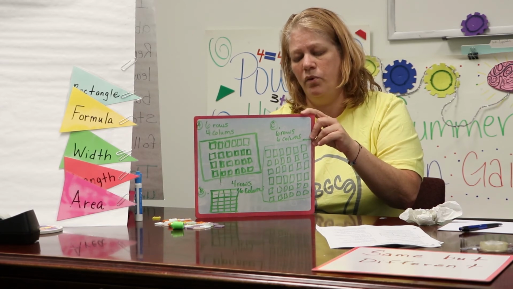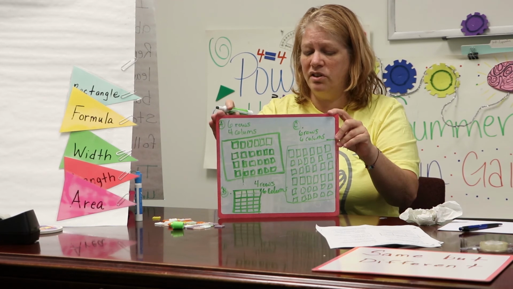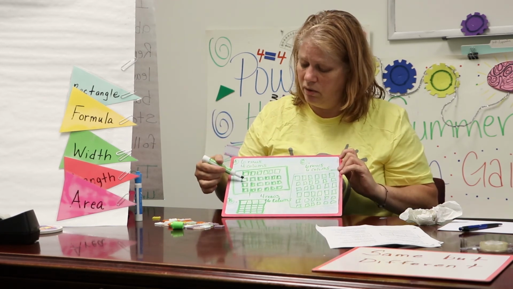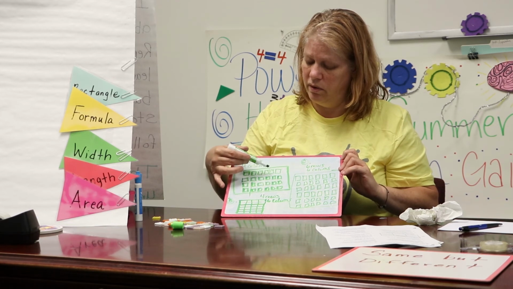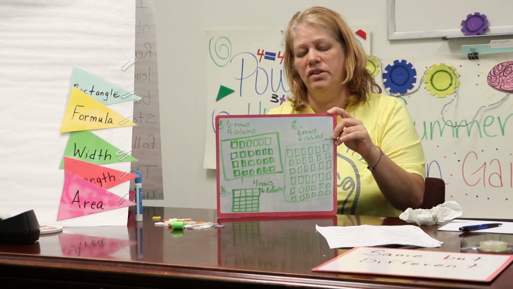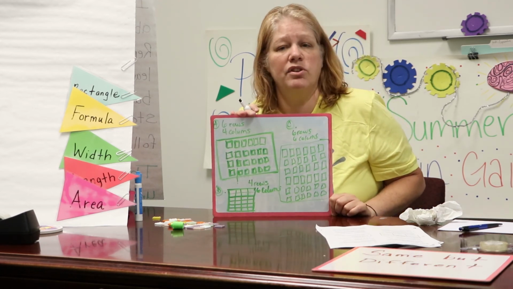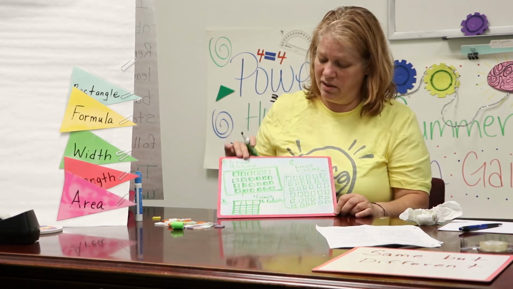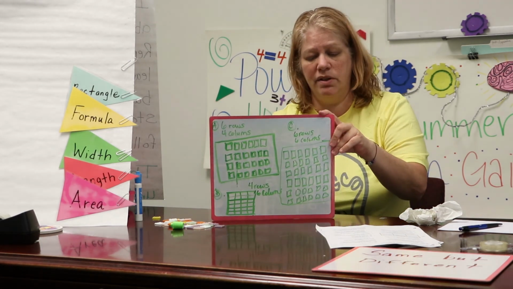And 6 times 4 equals, if you don't know that multiplication table, count it. It is 24. So 6 times 4 equals 24. Say that a few times in your head and I bet you'll remember that next time. B had 4 rows and 6 columns.